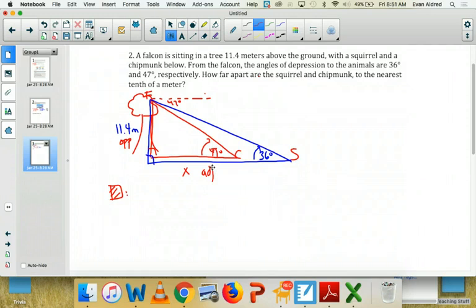Except this time, we're solving for adjacent. And adjacent is equal to opposite divided by tan theta. So adjacent, therefore, is equal to 11.4 meters divided by the tan of 47 degrees.